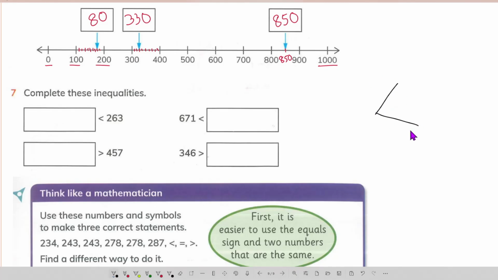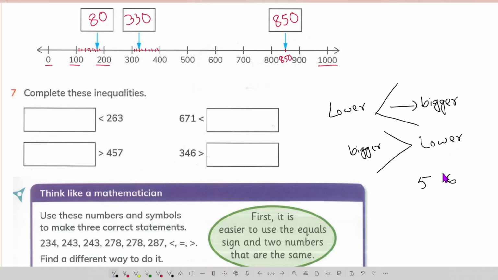Once you see this sign, the bigger number always goes on one side and the lower number on the other. Similarly in the open space, the bigger number goes here and the lower here, like 5 and 6, where 6 should be bigger. Similarly 6 and 5, 6 should be bigger.